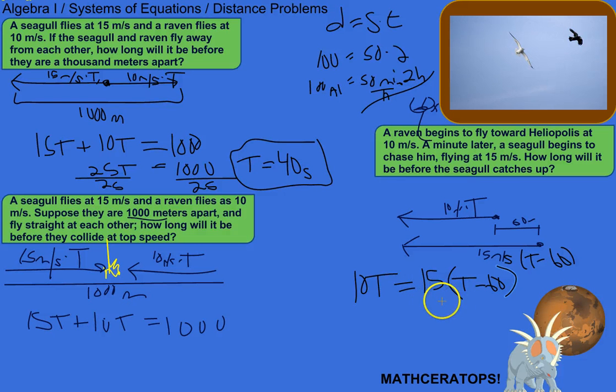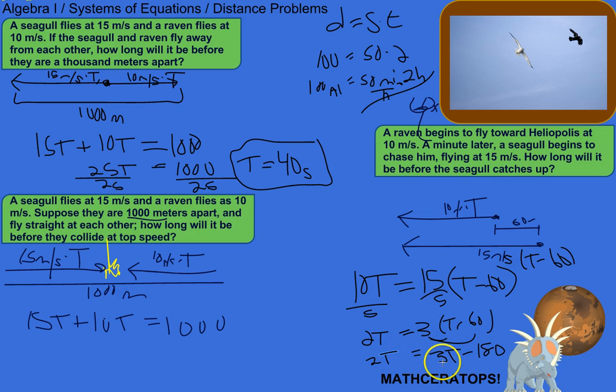So let's distribute. Actually, before I distribute, I'm going to factor out. I'm going to divide both sides by 5 just to make it simpler. See how there's a 5 in the 10 and a 5 in the 15. So this we could simplify. 2t equals 3t minus 60. And then distribute this 3: 3t minus 180 equals 2t.